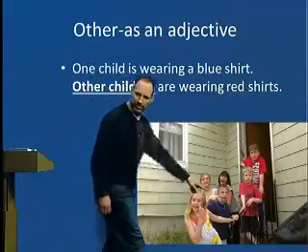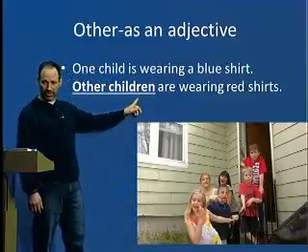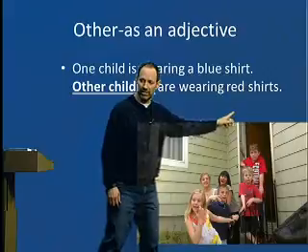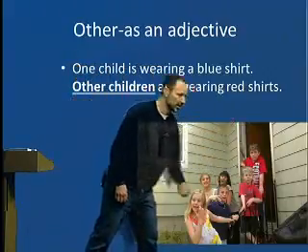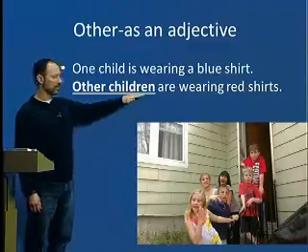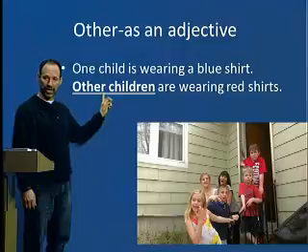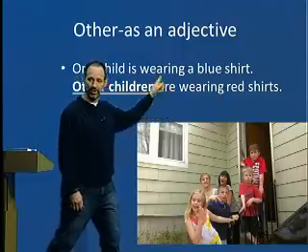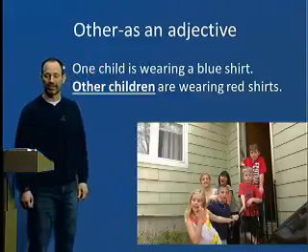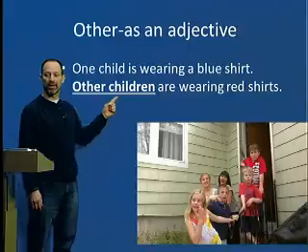The blue shirt would be right there. Other children are wearing red shirts. I can see 2 red shirts here and here. In this situation, other is an adjective. It describes children. And my verb is the plural form, are. So other is followed by a plural noun.